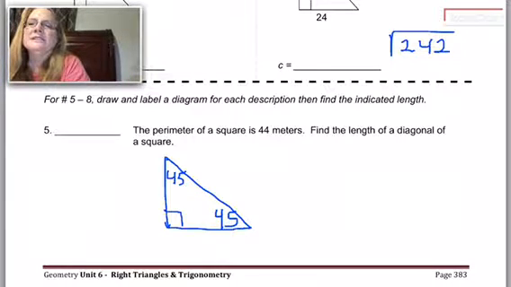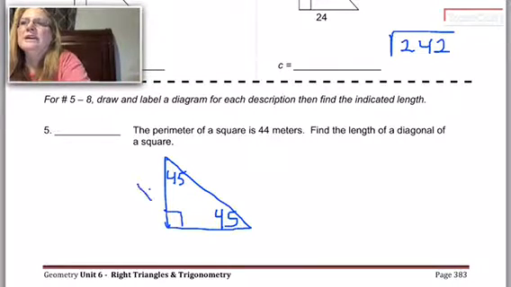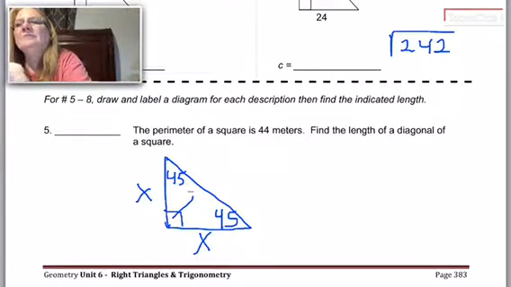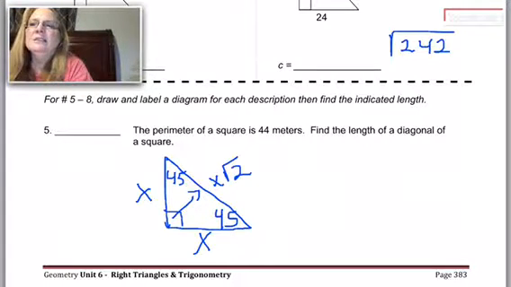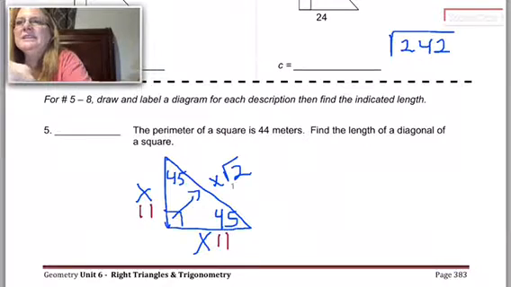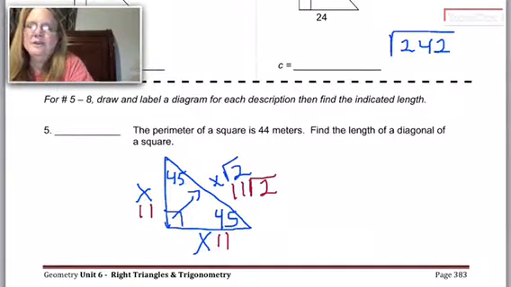That pattern was the lengths of the legs are equal to x, the same thing, could be anything, but the length of the hypotenuse is equal to x times the square root of 2. So anytime you have an integer answer for x, in this case these sides are 11, that means this side is 11 times the square root of 2.